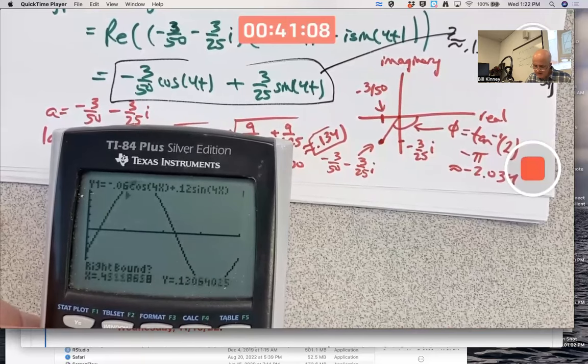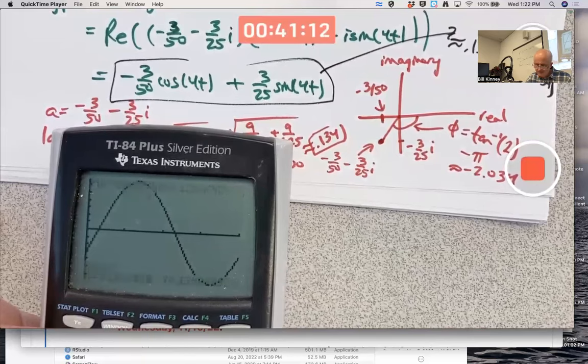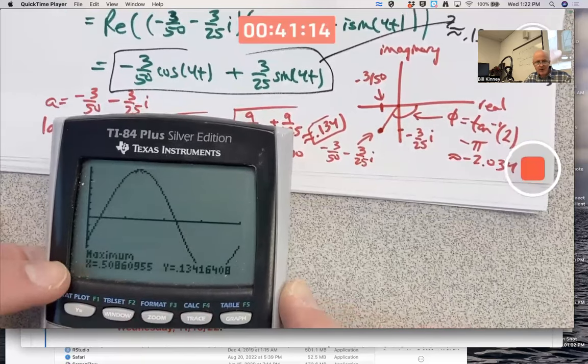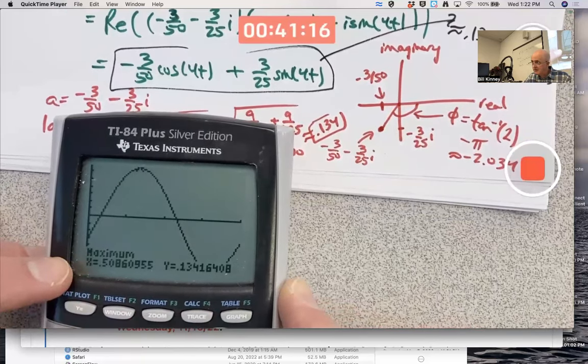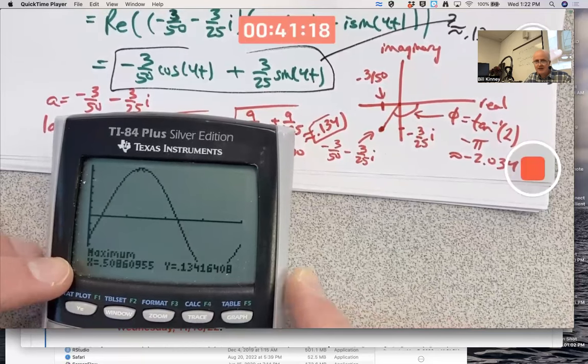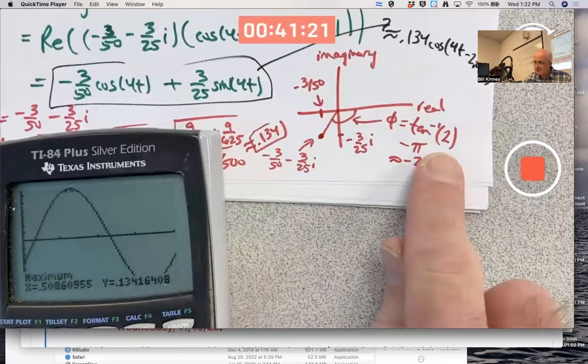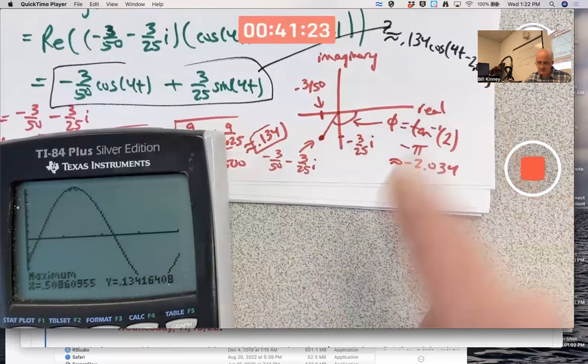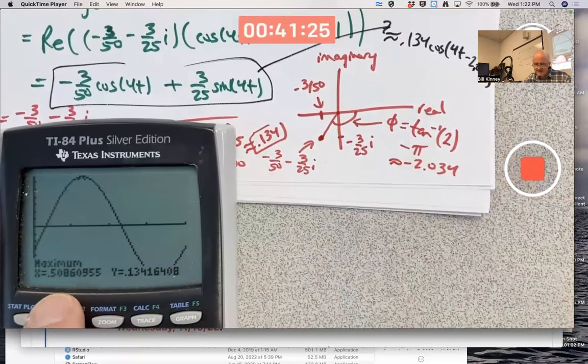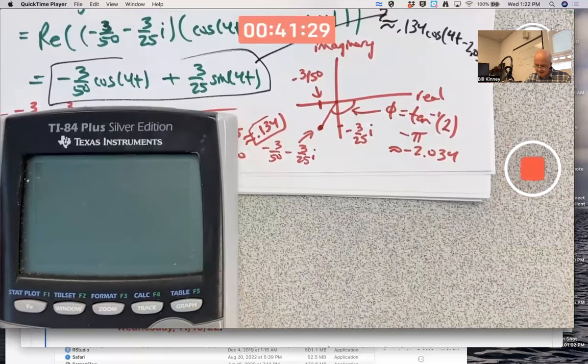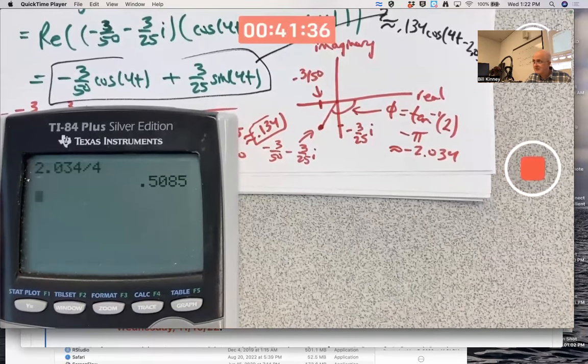The maximum occurs pretty close to 0.51. Guess what? That's the same as 2.034 divided by 4, 0.5086. Remember that number, 0.5086. Close. It's off slightly because of rounding.